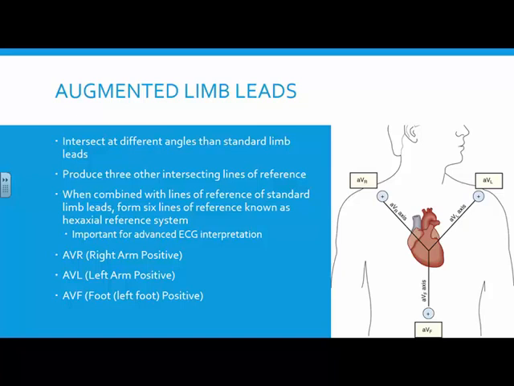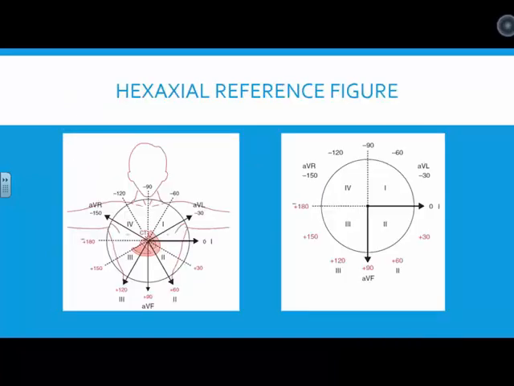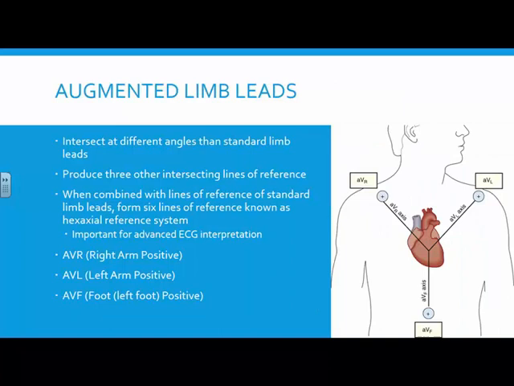Why did it do that? I miss the days of chalkboards. Alright, so when you combine AVR, and you combine AVL, and then you combine AVF, you have what's called the hexaxial reference system.